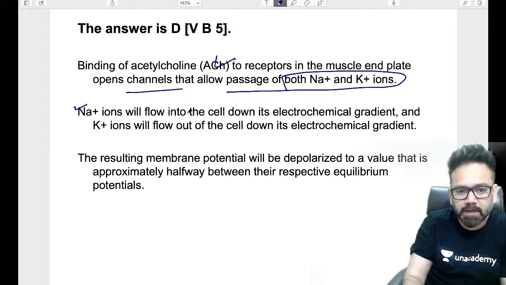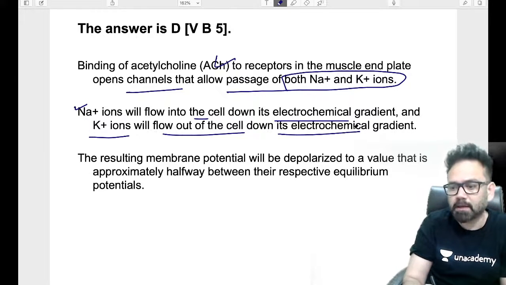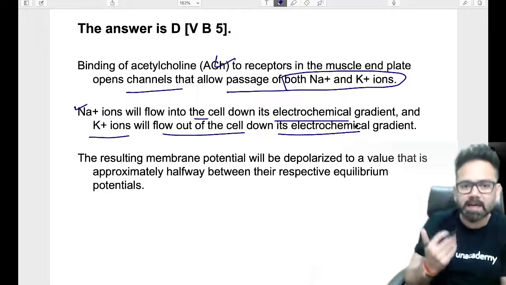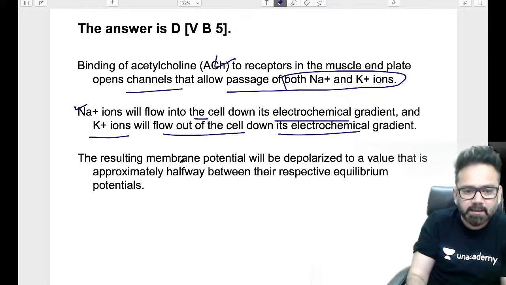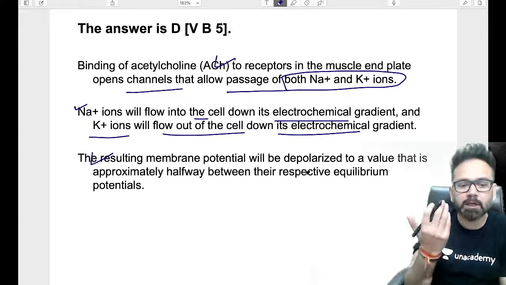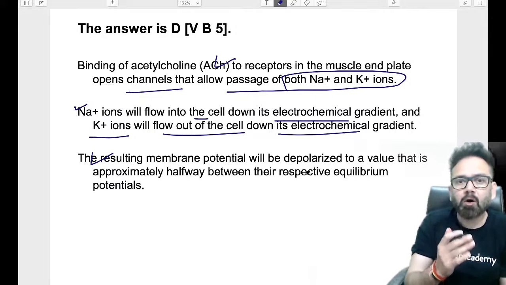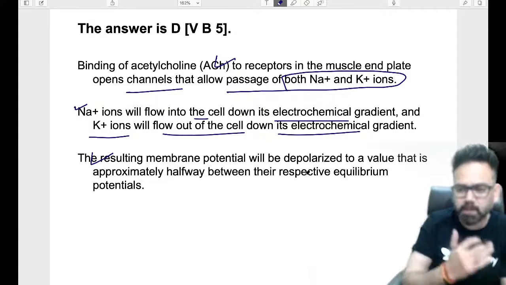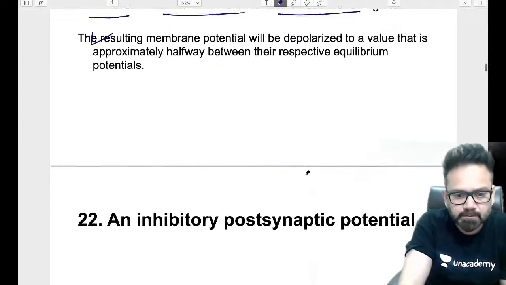Sodium ion will flow into the cell down its electrochemical gradient, and potassium ion will flow out of the cell down its electrochemical gradient. Potassium is more inside, so it will flow outside, and the resulting RMP will be depolarized to a value halfway between the respective equilibrium potentials, that of sodium as well as of potassium.